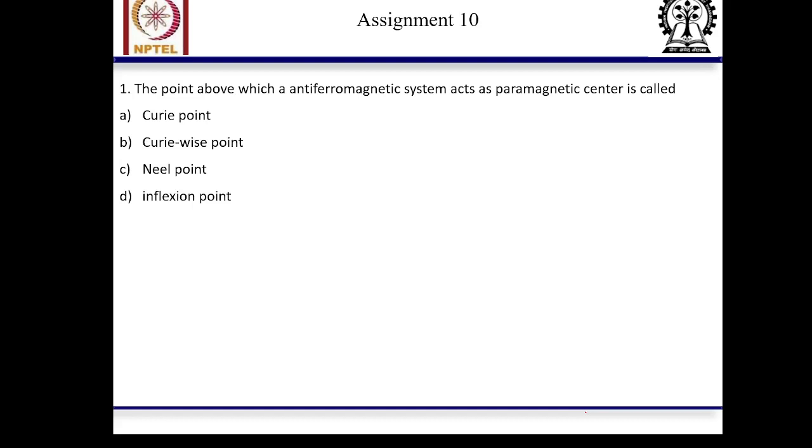Otherwise, I will explain what that is. Can you write in the chat box what the answer is for question number 1?